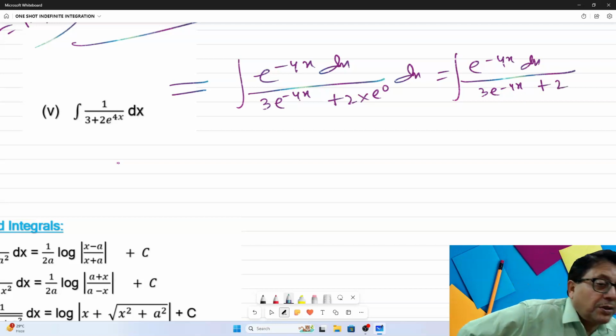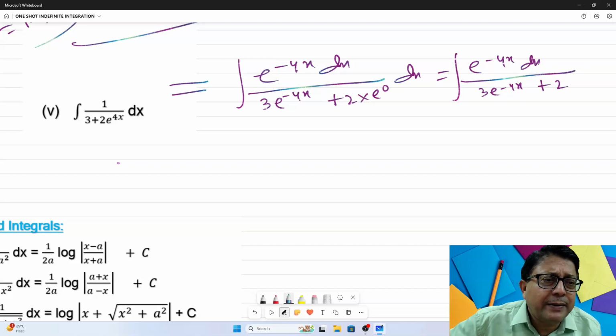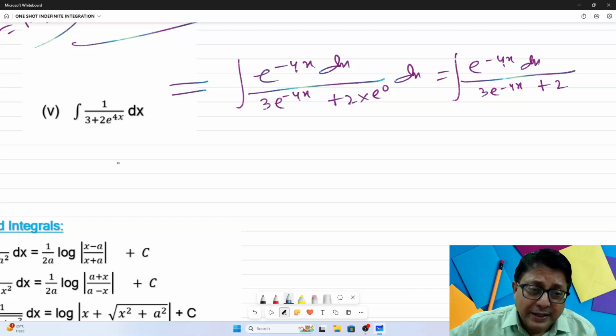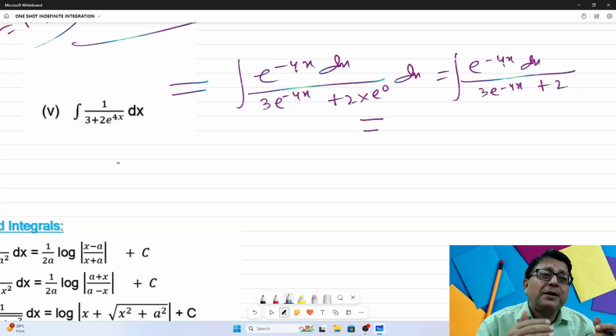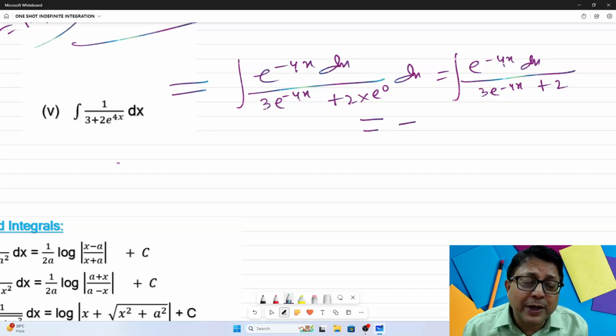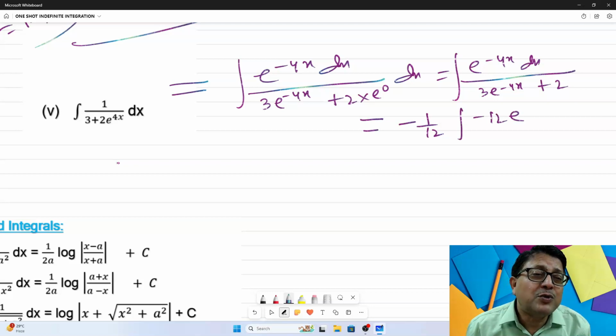Without substitution you can, but its derivative is what? Minus 12 e to the power minus 4x. It is not there. So you multiply and divide it. Get that form. Then write the answer. What is its derivative? You have to do mentally. What is the derivative of the denominator? It is minus 12 e to the power minus 4x. So in one step you write minus 1 by 12, minus 12 e to the power minus 4x dx by the denominator.